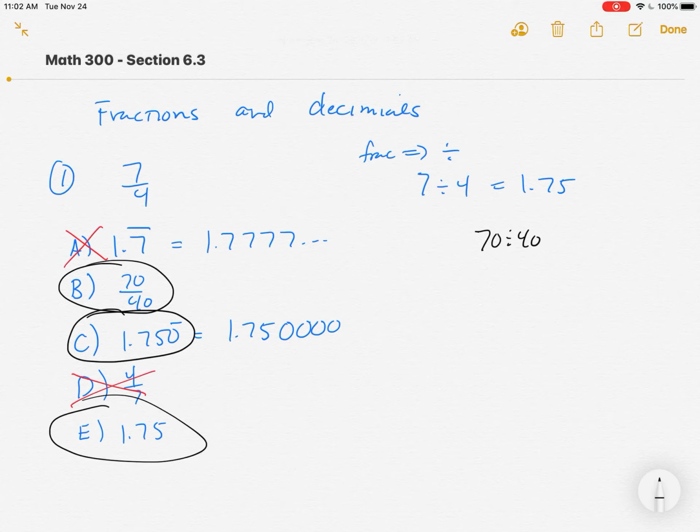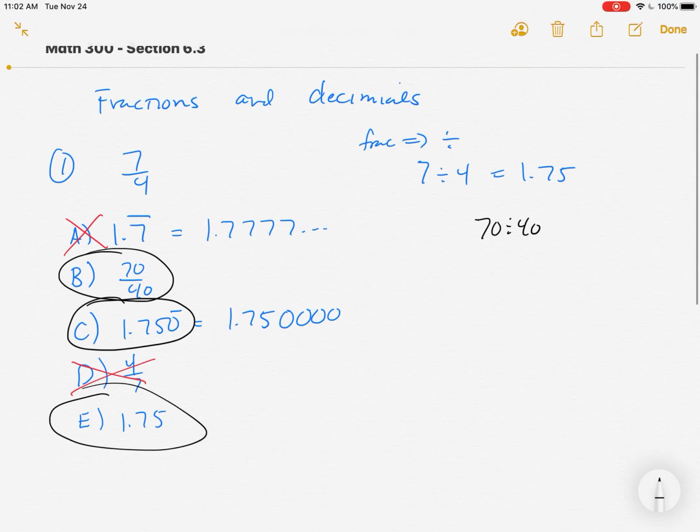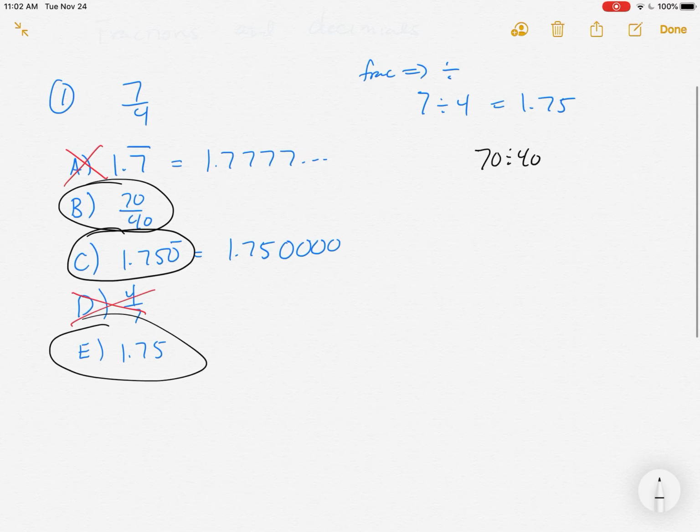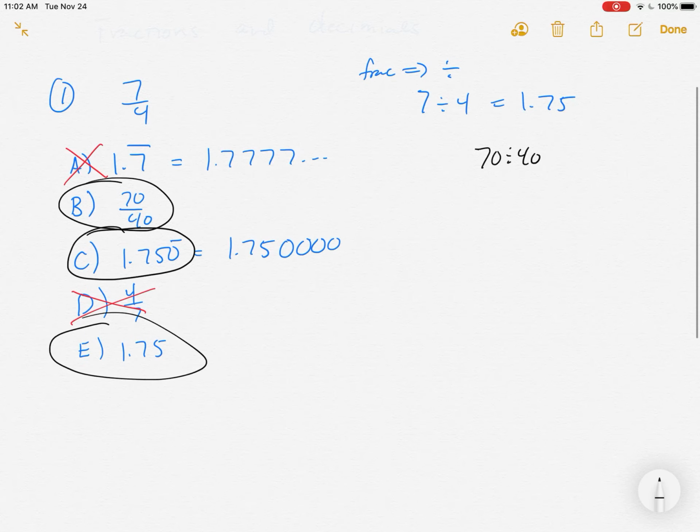And so on these questions, you're going to select all that are going to work and be equivalent to that. So the goal is to get you a connection between fractions and decimals. With fractions, if we divide the numerator by the denominator, or the top number by the bottom number, we'll get the decimal representation. And so that's how your homework starts out, with that type of question.